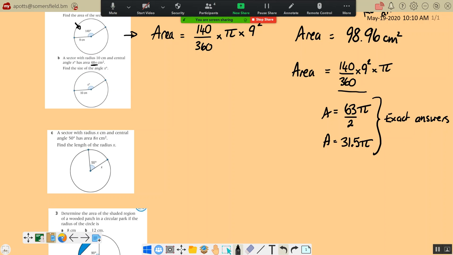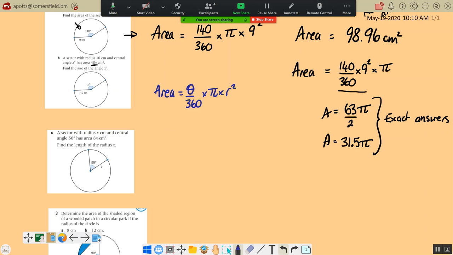But what we're going to do again is consider the formula. The area is the angle divided by 360 multiplied by pi r squared. So let's put the values in that we know. Do we know what the area is?